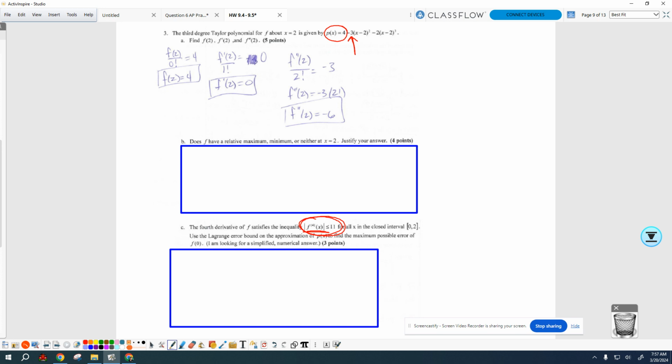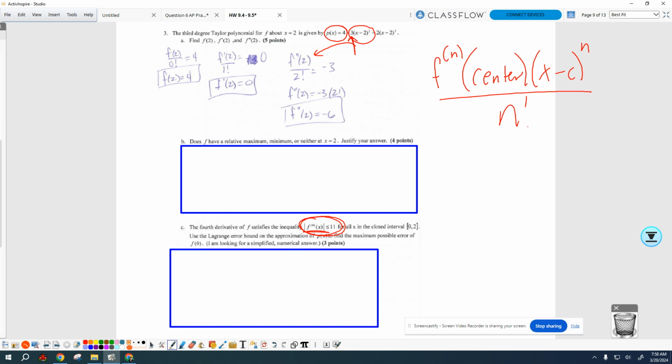But -3 is not the value of the second derivative. Any given term, that f derivative at the center times x minus the center to the nth power over n factorial. That's what this equals. So -3 over 2 factorial equals, or sorry, f double prime of 2 over 2 factorial equals that -3.